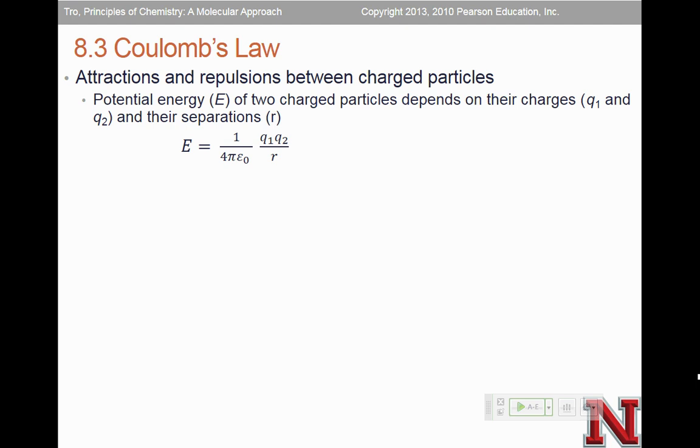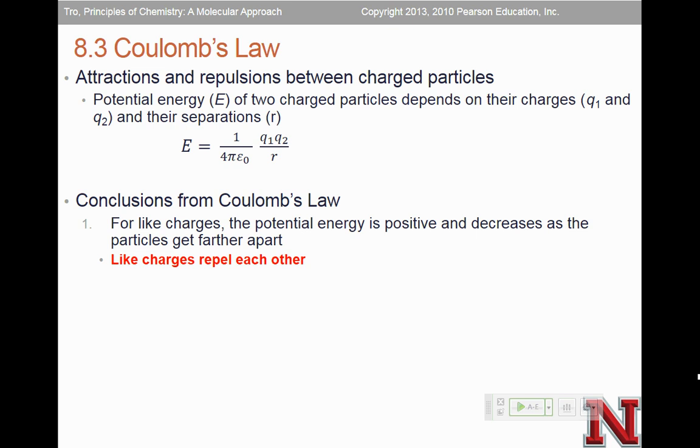If we're talking about an electron and a proton, then again we're looking at the charges of the electron and the proton and how far the electron is from the proton in space. And opposite charges are going to give us a lower energy, but like charges repel, so that gives us undesirable energy.